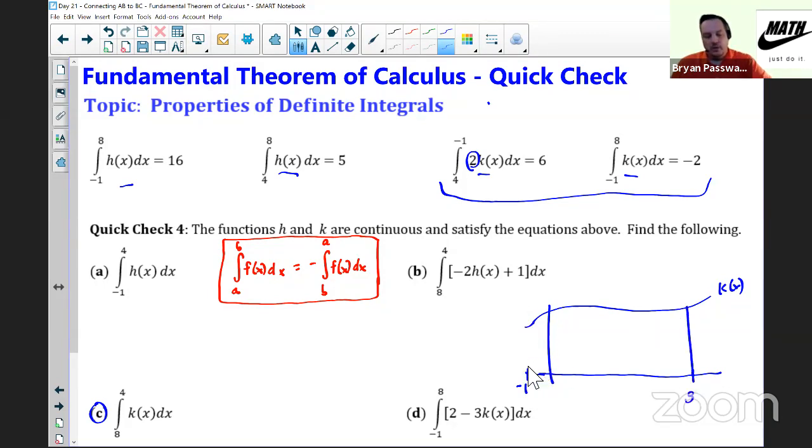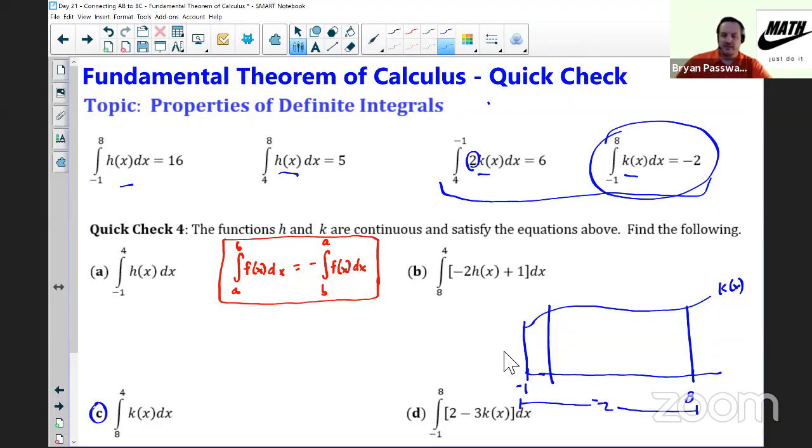And so I know the entire signed area, the definite integral from here to here combined, is going to end up being a total of -2. Now I realize it doesn't make sense to call that negative when the graph is above the x-axis, right? But again, we're not trying to make this picture perfect. I'm just using it as a representation so I can put some numbers on it to see what we're doing. So I know the entire thing from -1 to 8 is equal to -2.